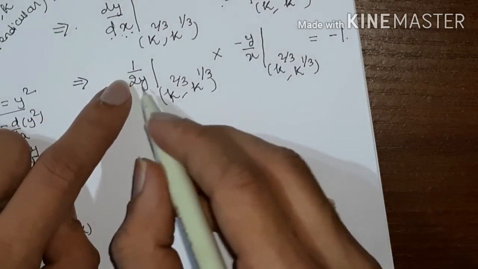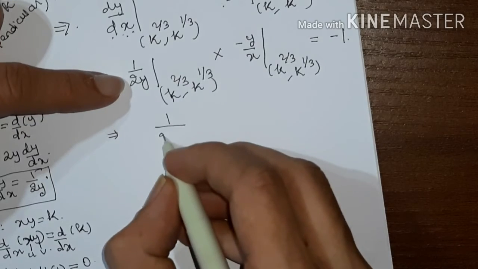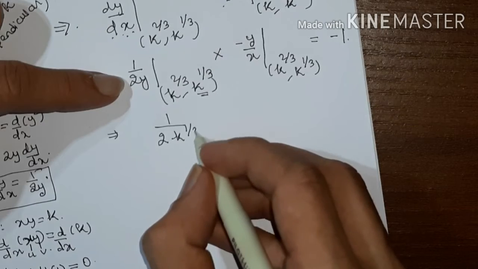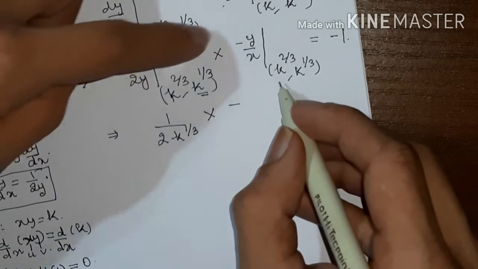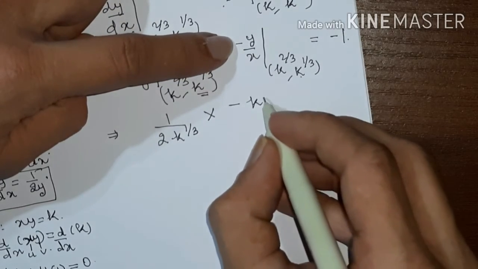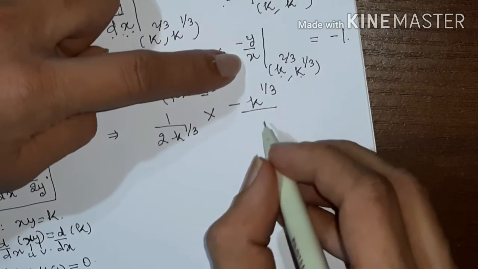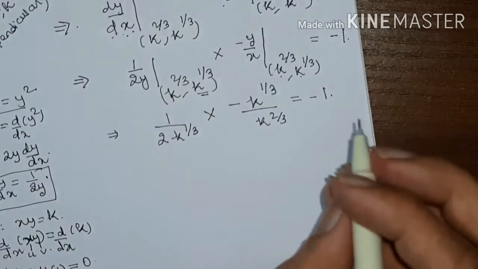Now here you have only the y coordinate, so we will get 1 by 2 times this y coordinate, that is 2 raised to k raised to 1 by 3, multiplied by minus of y, that is k raised to 1 by 3, divided by x, so that is k raised to 2 by 3, which is equal to minus 1.